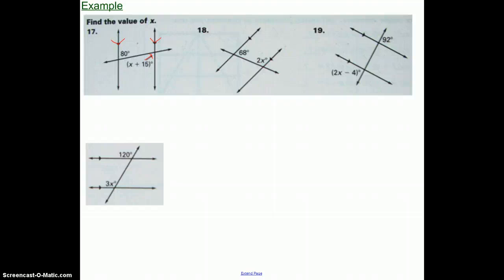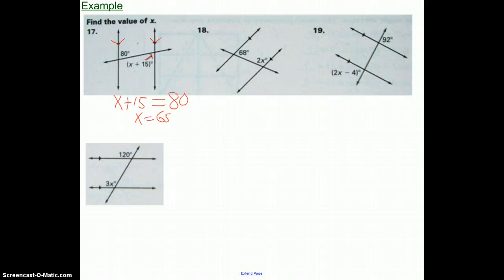So we have parallel lines cut by a transversal. We're dealing with alternate interior angles. They are congruent to each other. So that x plus 15 angle, it is the same thing as the 80-degree angle. And so to solve for x, we would just subtract 15. X equals 65.